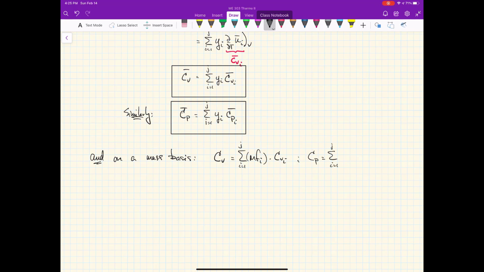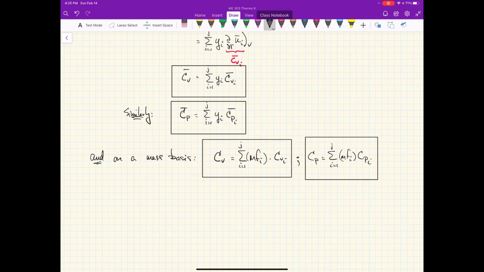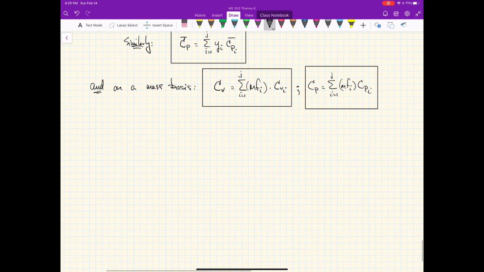Voila, and same with the specific heat at constant pressure. Again, on a mass basis, these are the properties that we tend to use more often in our applied engineering applications rather than on a molar basis from before, but I think it's good to have perspective looking at both of them individually as well. So we're going to highlight all of them equally as we've just done here.